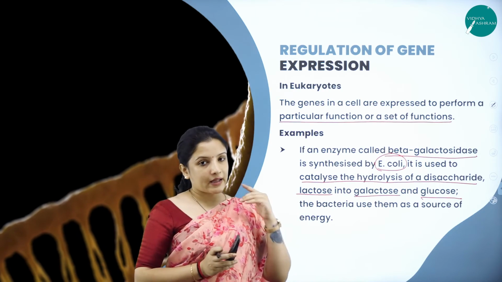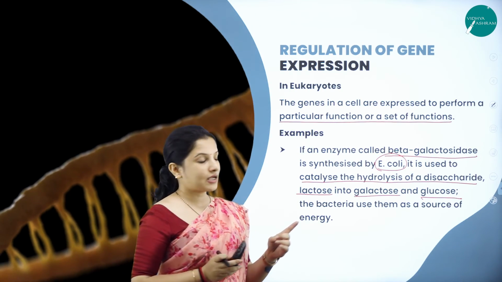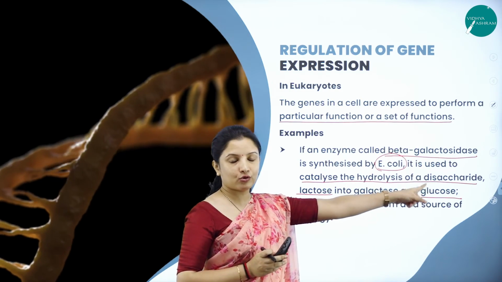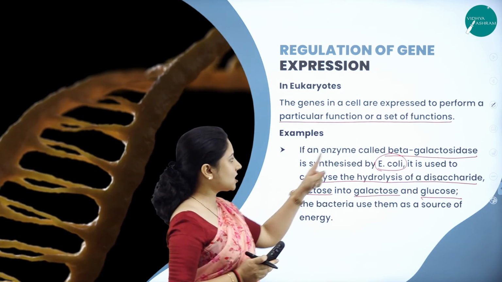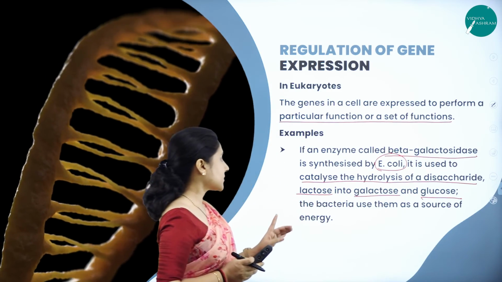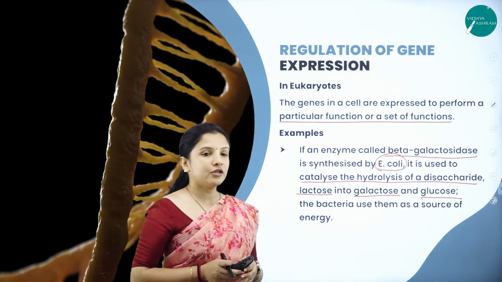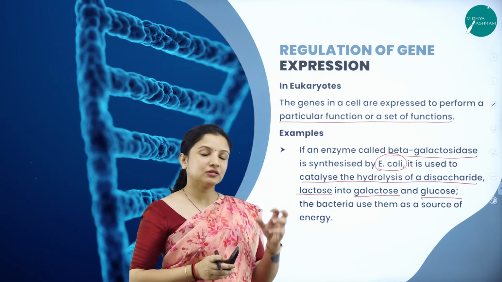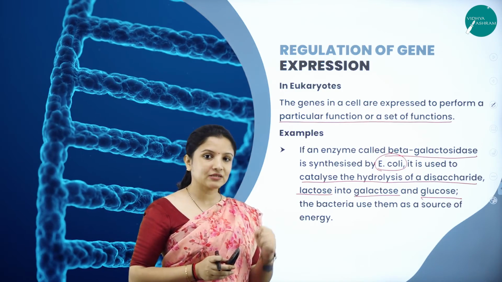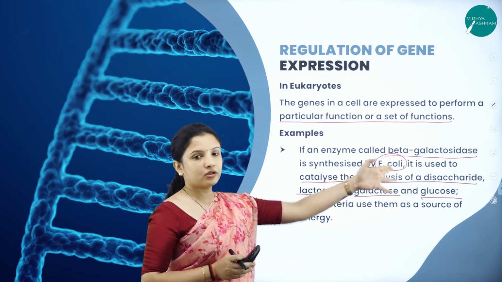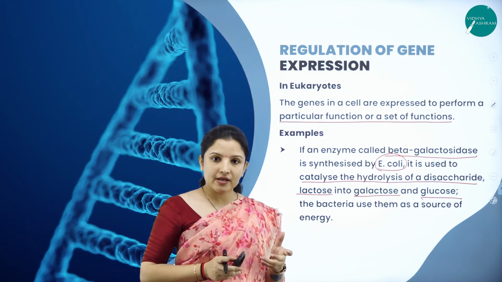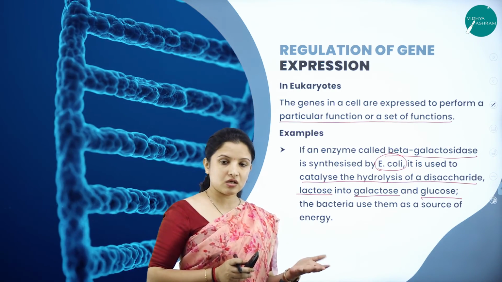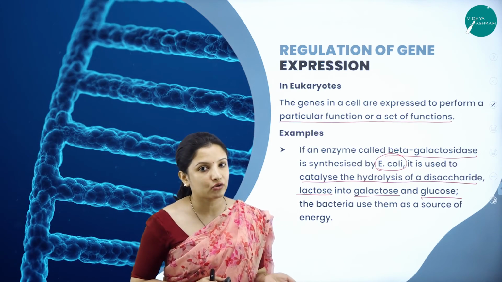Therefore, again I am repeating, what did we understand? If lactose has to be broken down into galactose and glucose, which enzyme is needed here? Beta-galactosidase. Now, this bacteria uses beta-galactosidase as a source of energy, right? Because that energy is the one which breaks the lactose into galactose and glucose. Now, imagine if that gene, because of a mutation, did not produce beta-galactosidase.